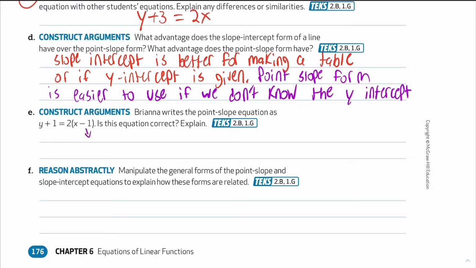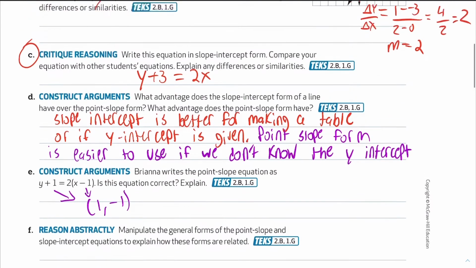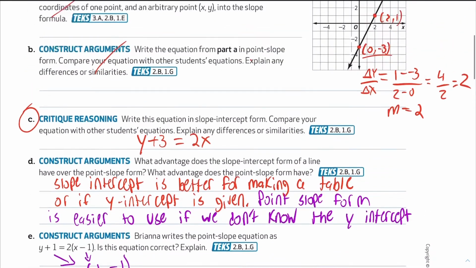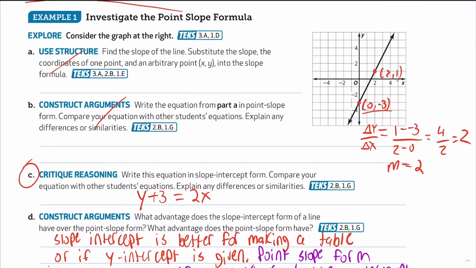So if I pull this -1 and put it as a coordinate, I have to change the sign of it. And if this y is positive in the equation, then it's going to be negative outside of the equation, because point slope form negates. It does the opposite of however the coordinate looked. So we need to check and see if (1, -1) is on the graph. (1, -1) is on the graph.